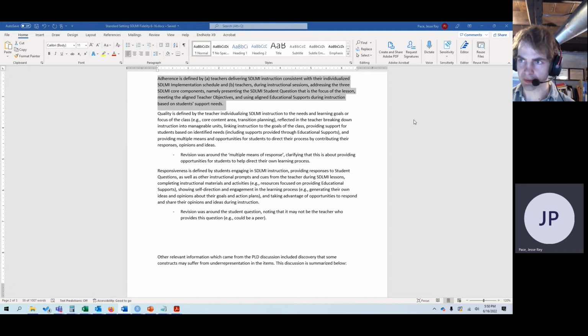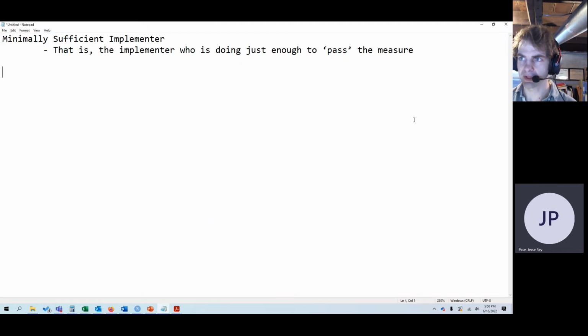And again, the minimally sufficient implementer is the implementer who's doing just enough to pass the measure. So it's not the most stellar implementer in the world, but it's also not an implementer who's not doing enough, right? It's an implementer who's doing just enough of a good job of aligning with how the SDLMI is supposed to be done that we say, yeah, they're minimally proficiently implementing the SDLMI.